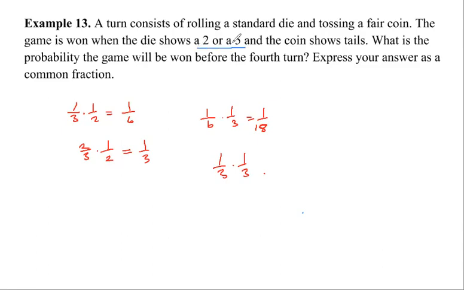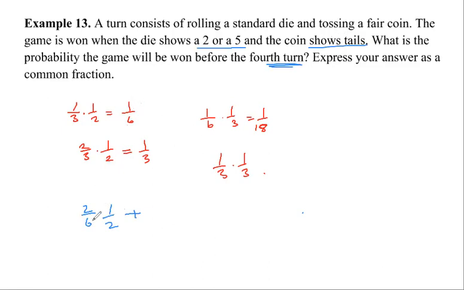So we have two numbers, right? If I want to win in the first turn, we should get 2/6 on this, and then we need to get a tail, which is 1/2. So this is the winning probability on the first turn. But if we don't win in the first one, maybe we are going to win in the second one.